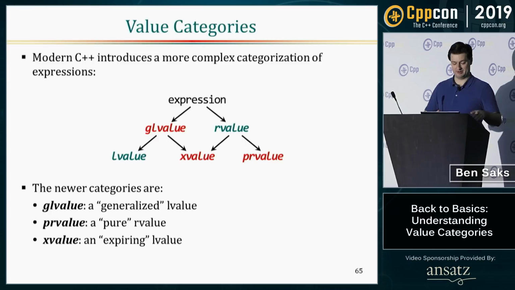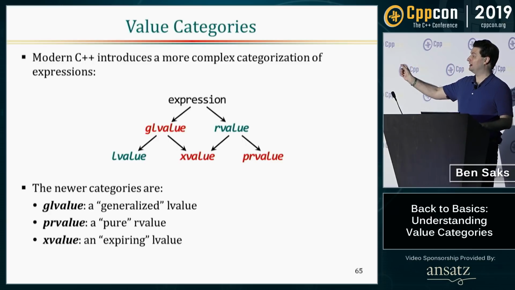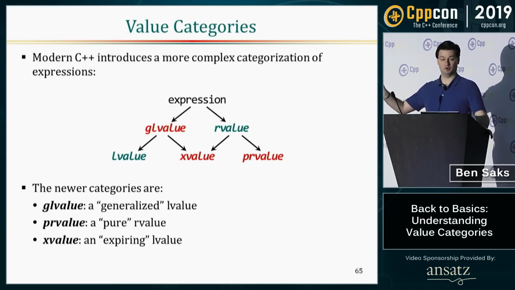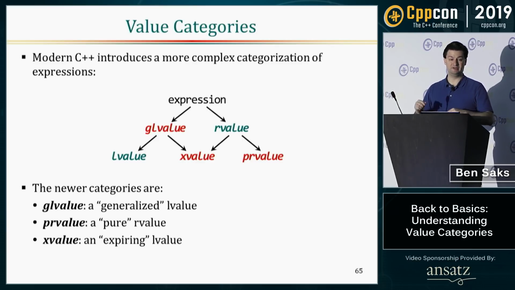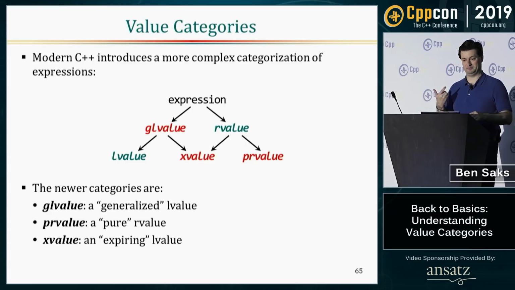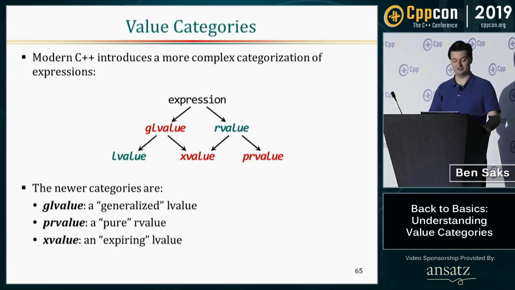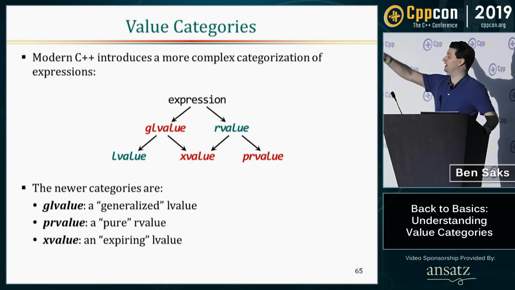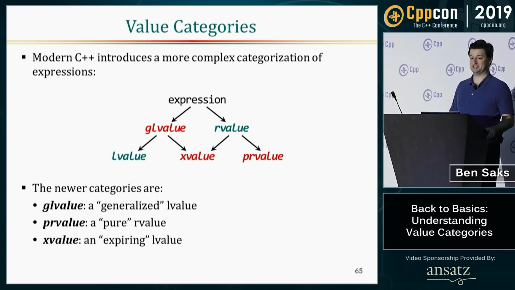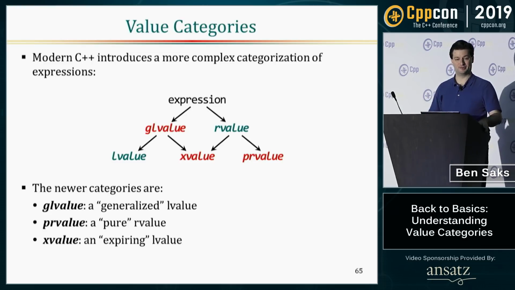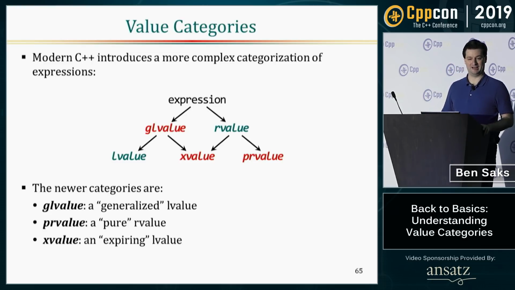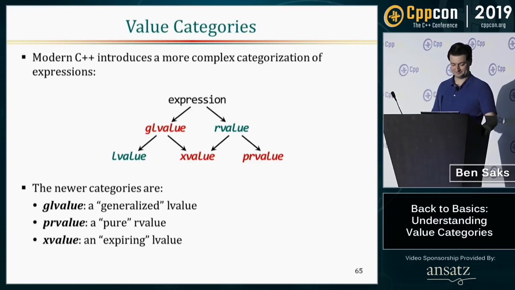It has a location in memory. A prvalue, a pure rvalue, always behaves like an rvalue. We have to treat it as if it doesn't have a location in memory. An xvalue behaves like both, both like an lvalue and an rvalue. And so that's what's going on in this picture. That's the final truth that the standard has at the moment.